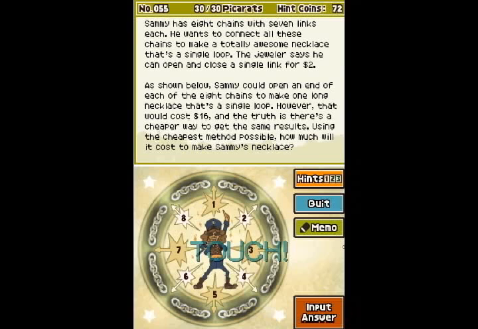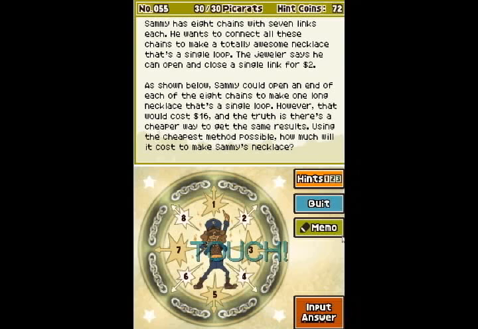The jeweler says he can open and close a single link for $2. As shown below, Sammy can open an end of each of the 8 chains to make one long necklace that's a single loop. However, that would cost $16, and the truth is there's a cheaper way to get the same results. Using the cheapest method possible, how much will it cost to make Sammy's necklace?